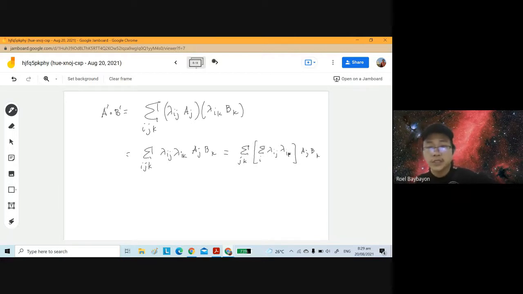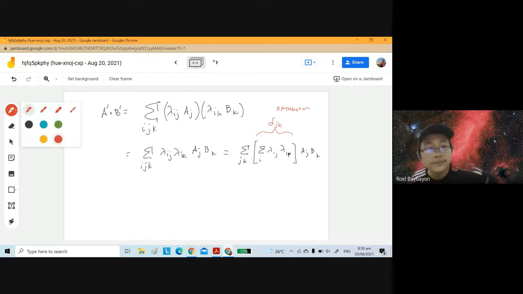And this one is just the orthogonality condition, right? Which is equal to delta jk, not lambda. Right? Delta jk. This is by the orthogonality condition. Right? So I have the summation of I, and the summation over j, k, so therefore your delta is jk. Okay? I have jk.